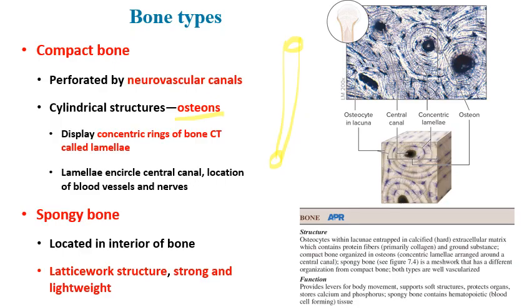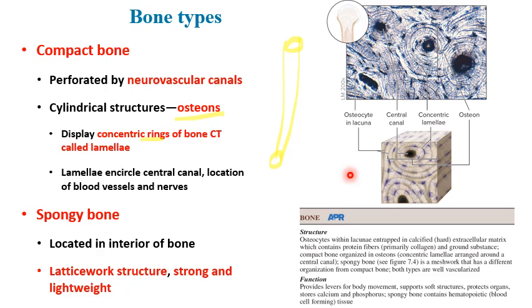So what you're going to find is concentric rings of this matrix that is going to go around this central canal. So this whole thing here is going to be the osteon, the central canal, and rings that go around them. So those are the lamella.